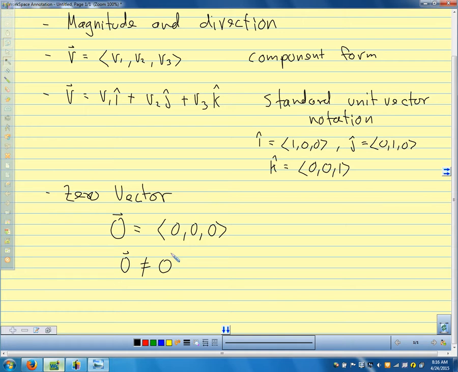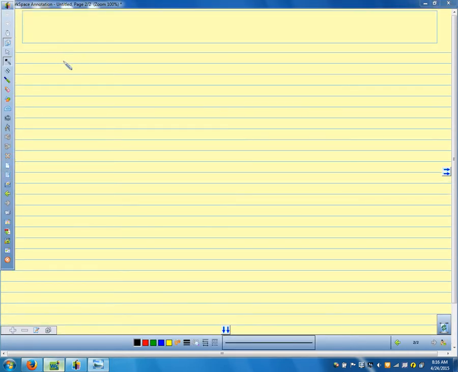All right, we good so far? Okay. Component form. A lot of times when we're using vectors, we'll talk about vectors between points. And we did this before in 2 dimensions.